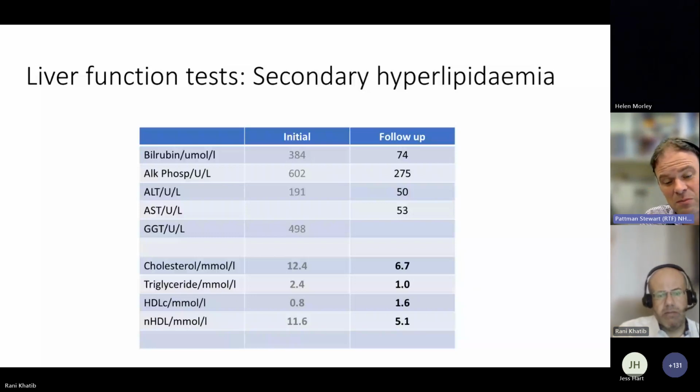But you've then seen a subsequent pattern where the cholesterol's come down a lot. So it's worthwhile double checking to see if there's anything coded in the patient's history to say, have they got any liver abnormality at that time as well. So again, just an illustration there of the magnitude of what could happen when you get an obstructive pattern in the liver, bile outflow there.